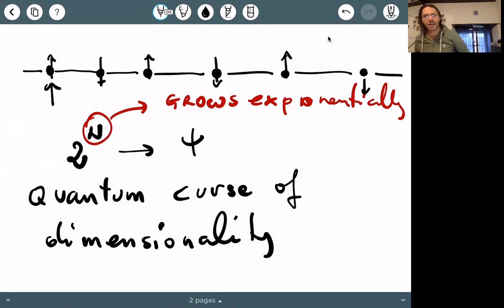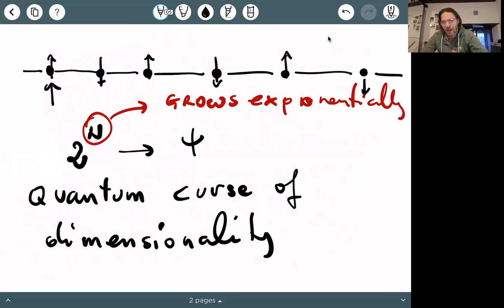Well, there are historical ways to deal with that, and there are modern ways. I would say the traditional way to deal with this problem is to do as much as possible to reduce this problem in order to make it look like a single particle problem.